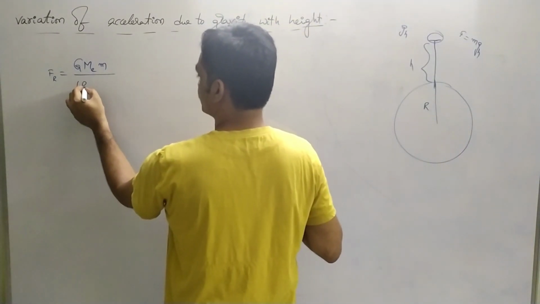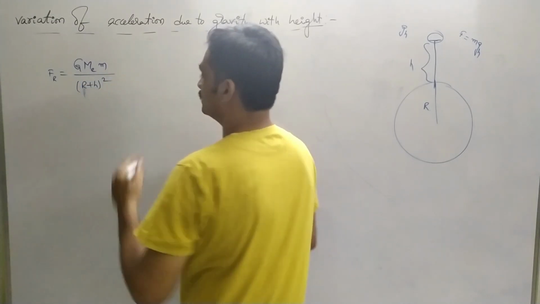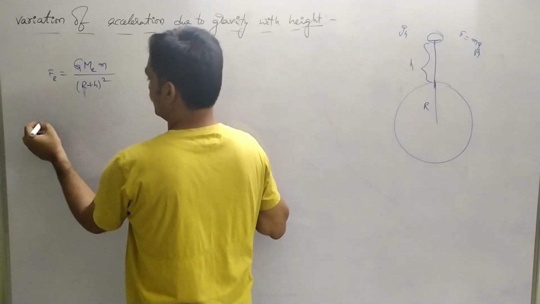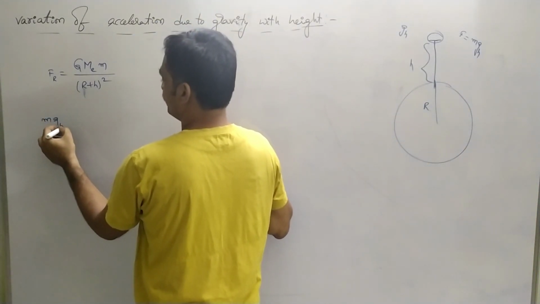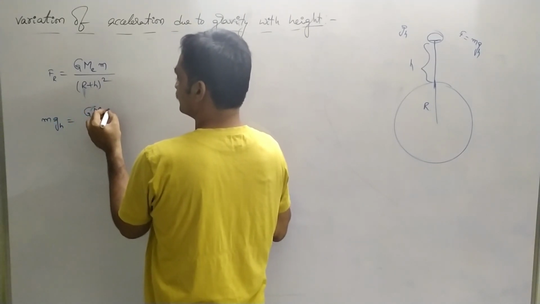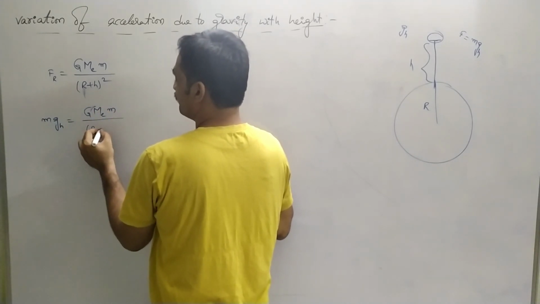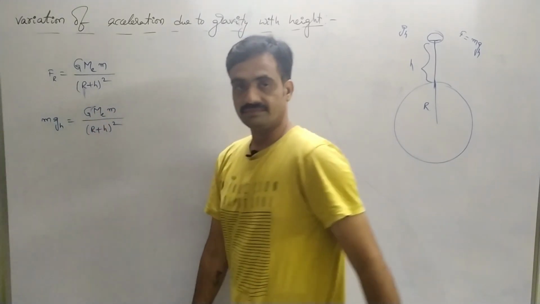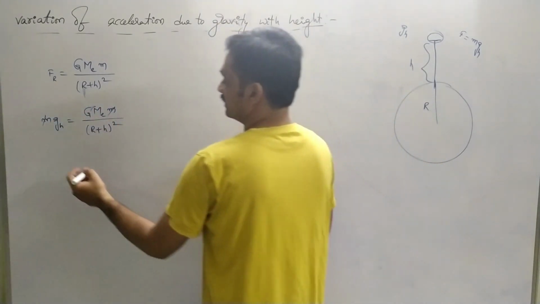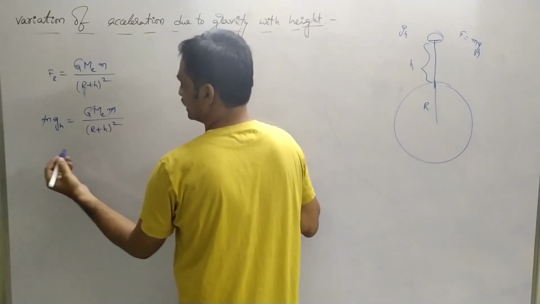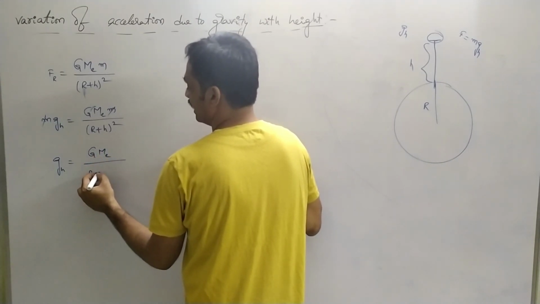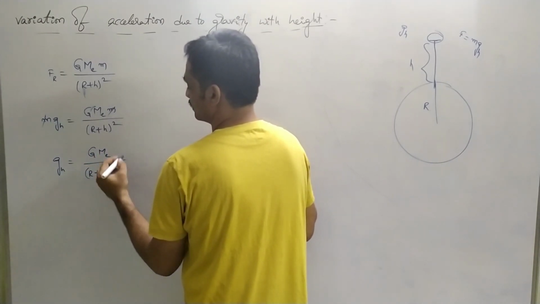Then the expression is (r + h) whole squared. Substituting, m g_h = G M_e m by (r + h)^2. Observe that m gets cancelled on both sides. Acceleration at height h is g_h = G M_e by (r + h)^2.